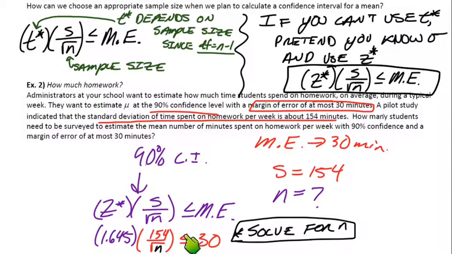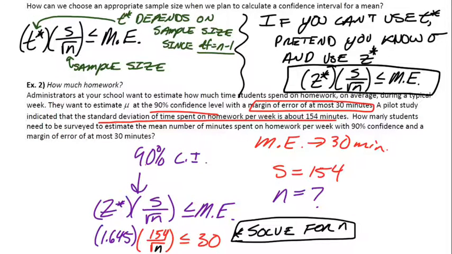So there's our inequality, and we want to know what's n, what's the sample size. So keep in mind there's no way we could have set this up if we tried to stick with t stars, right? We'd like to, but we don't know what the sample size is, so there's no way of telling what the degrees of freedom for t star would be. So we have to use a z star for questions like this.